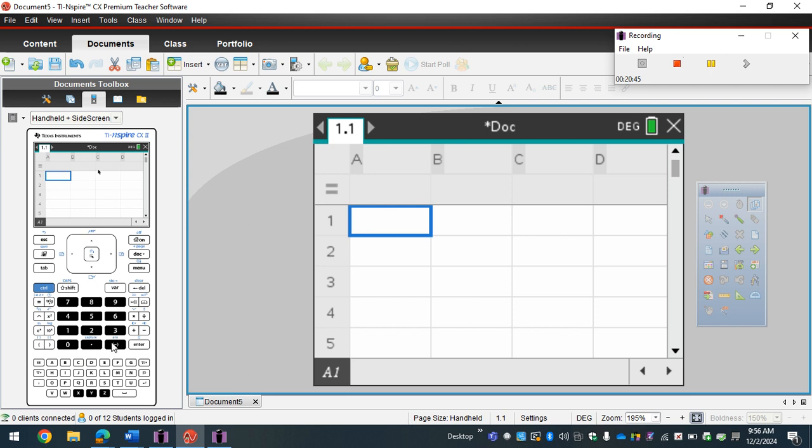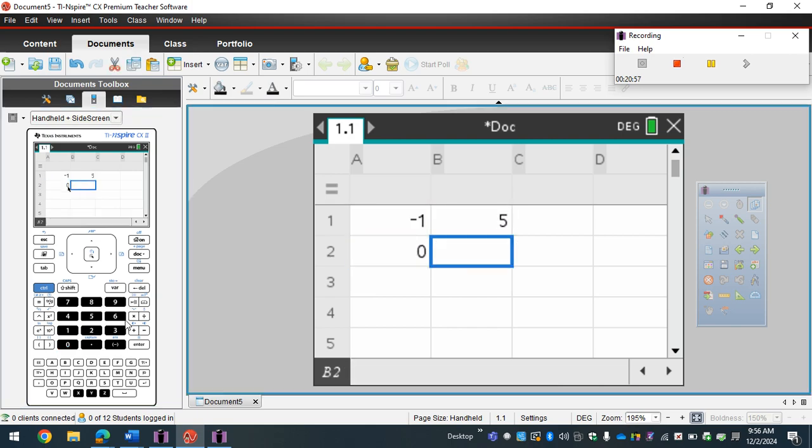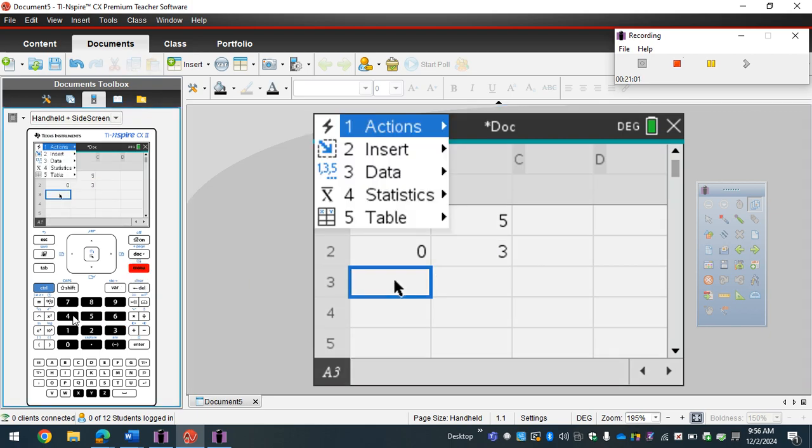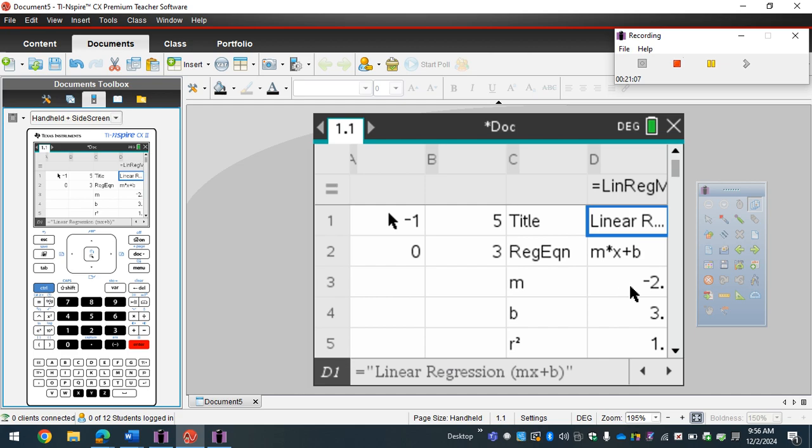Negative 1 and then 5, and then 0, 3. Come back here, go to menu, 4, 1, 3, and then this will be your B. Control left hand side, enter, enter. And there is your slope, -2, and your y-intercept of 3.